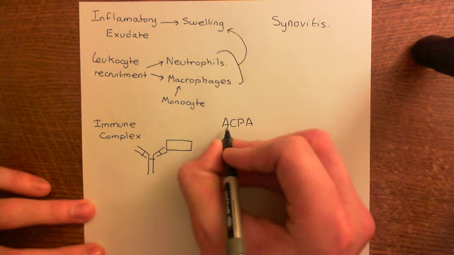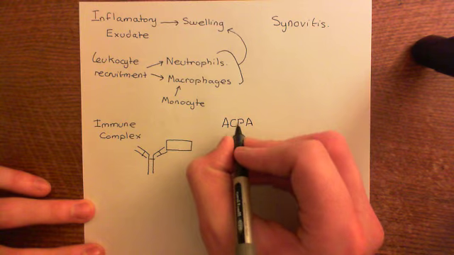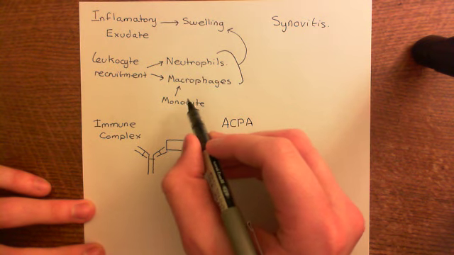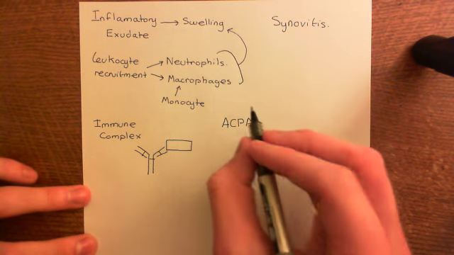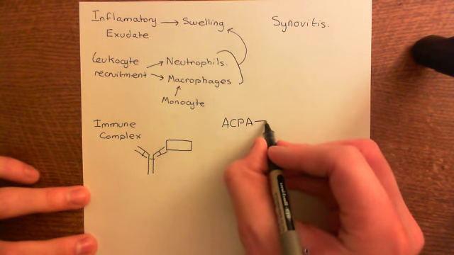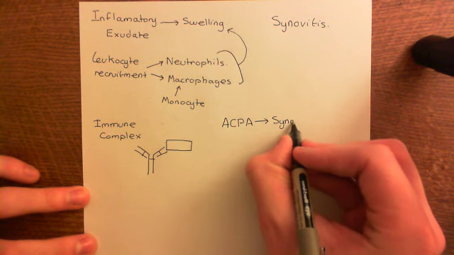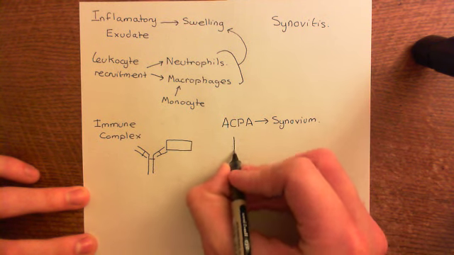Now, I said that some of these may well be directed to citrullinated proteins that are within the synovium or potentially within the synovial fluid. Okay, now some of these are now going to be able to come into the interstitial fluid of the synovium, and finally they're going to be able to find their antigen, basically.